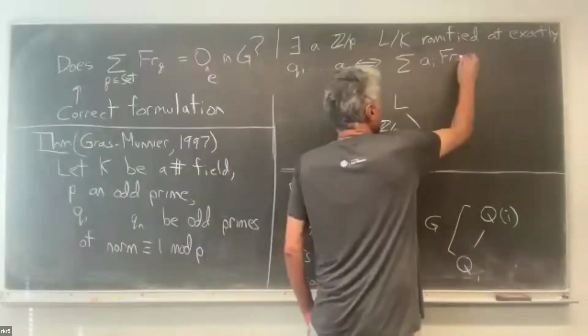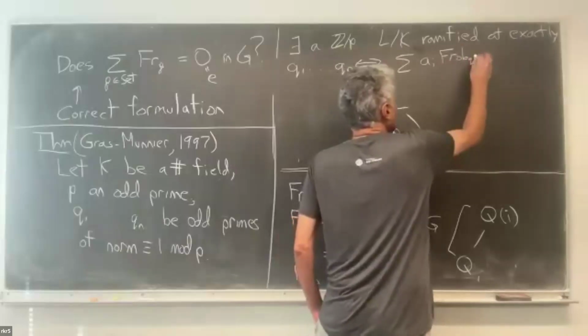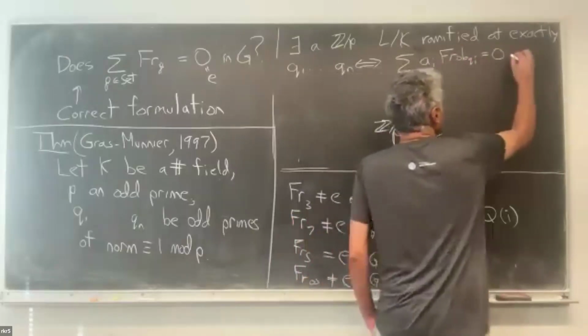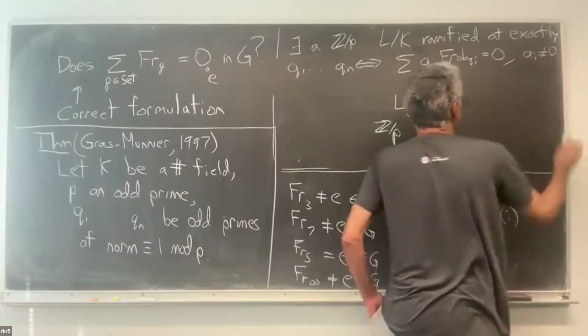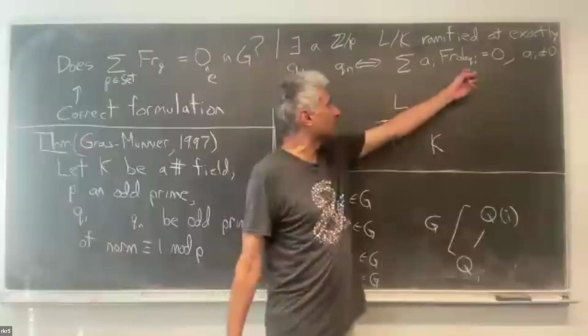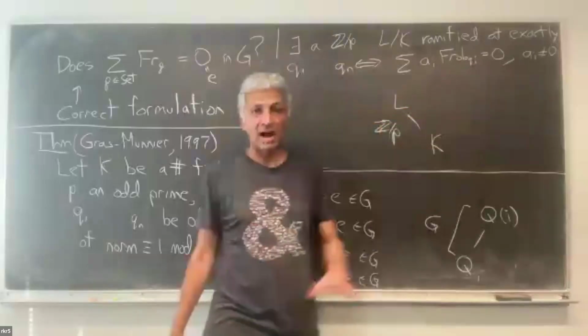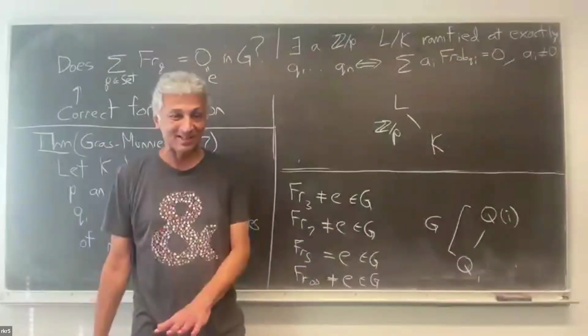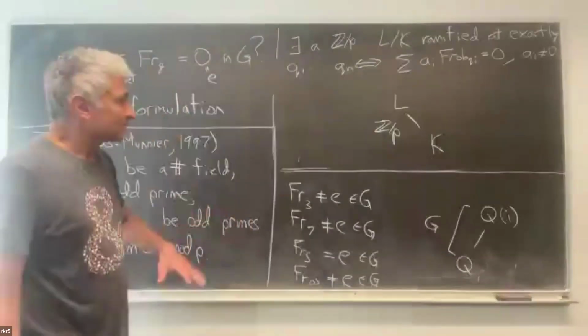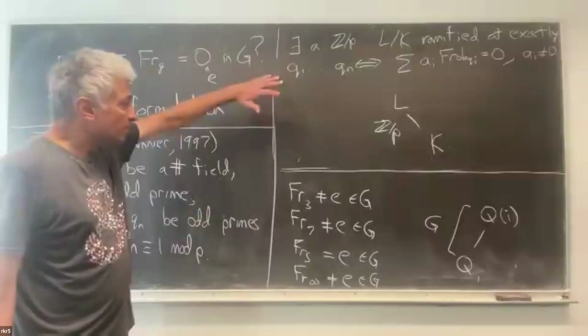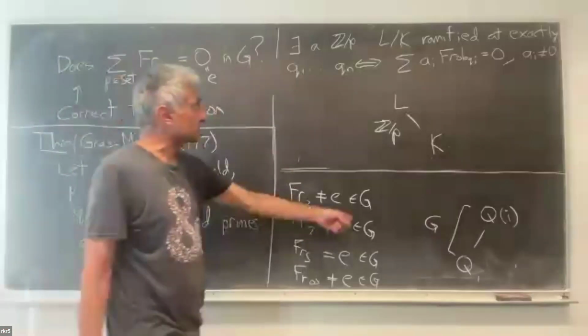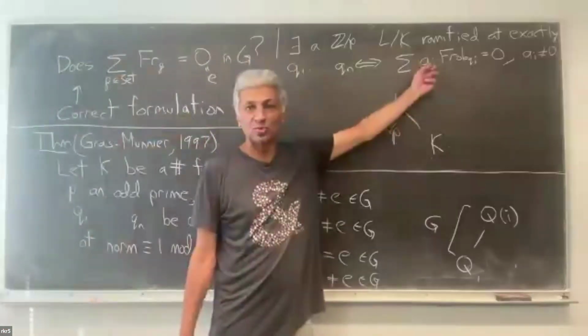I'm going to write this down and I'll have to explain it in a moment. So I have a linear combination of these Frobenius elements adding to 0. I haven't said where they live. I'm going to say that in a second. But the point I want to make is when p was 2 in this previous case, the only non-zero coefficient is 1.